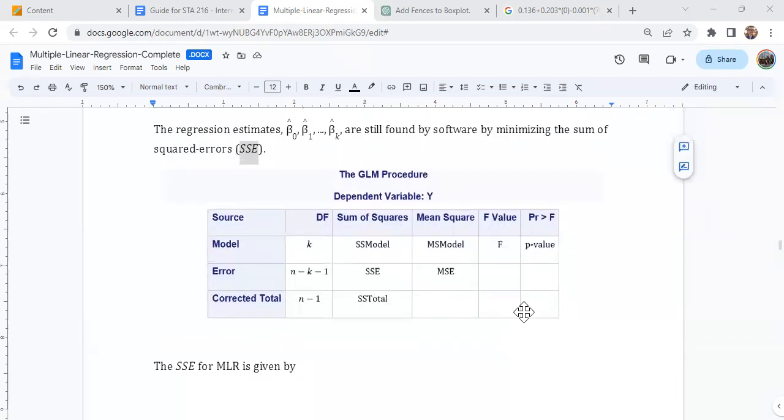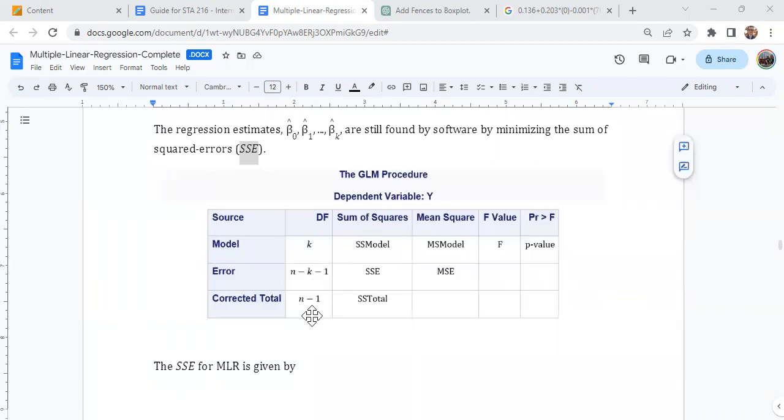The degrees of freedom for the model, DF model, is always going to be K, your number of predictors, in the ANOVA table for multiple linear regression. Error degrees of freedom is n minus K minus 1, and the total degrees of freedom is just n minus 1.